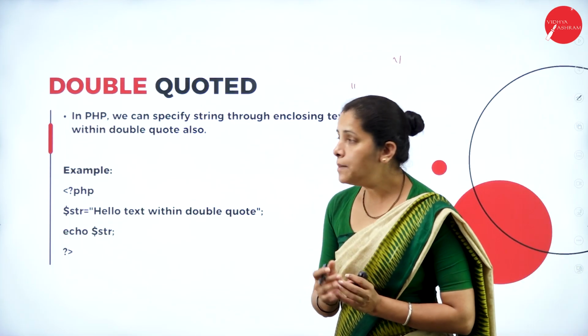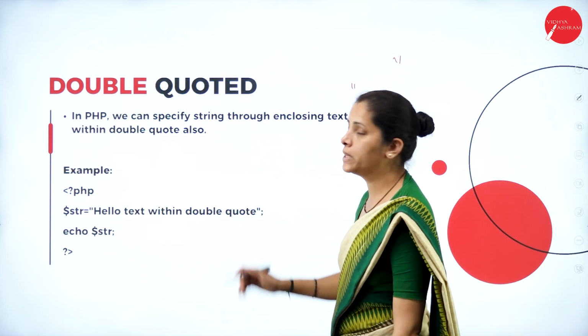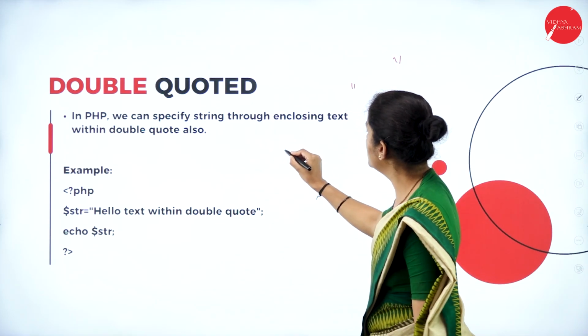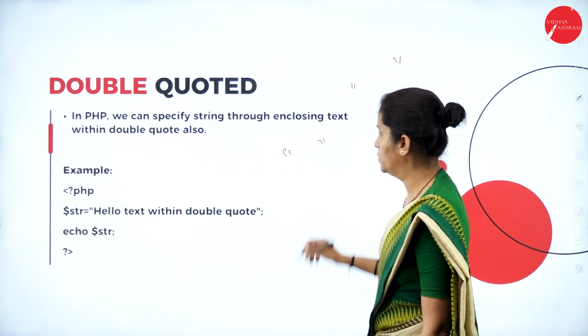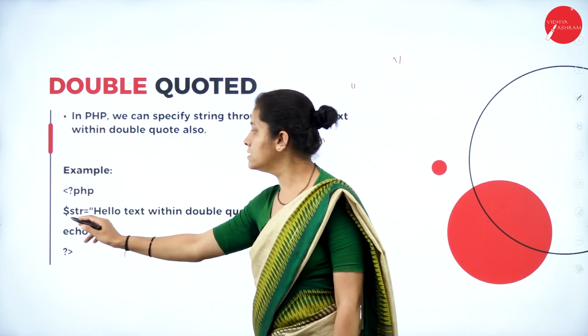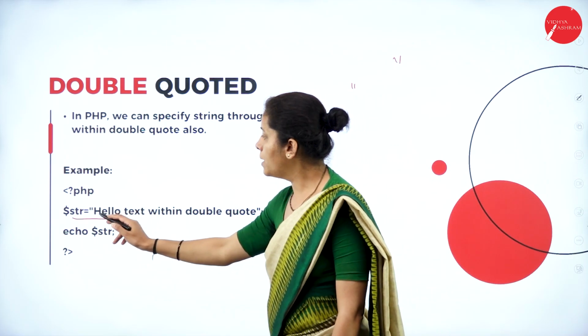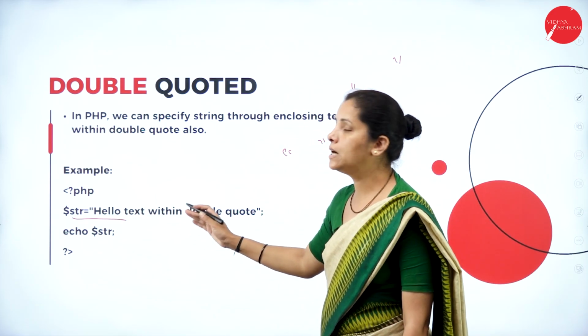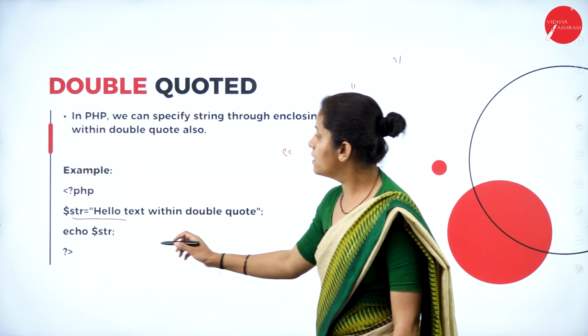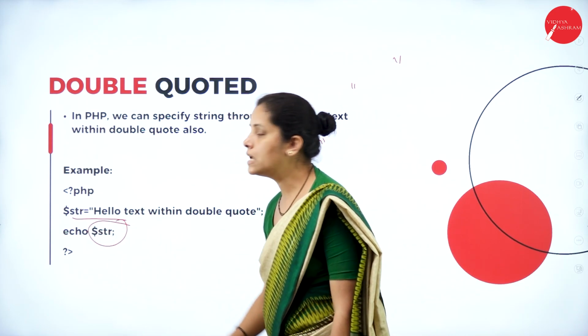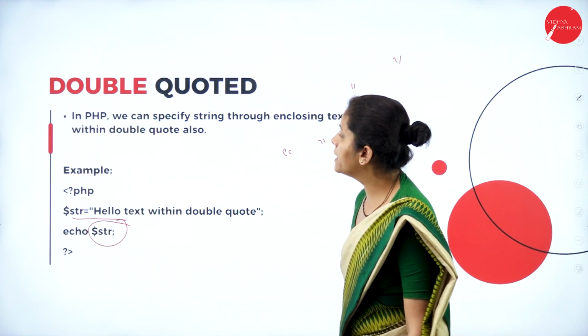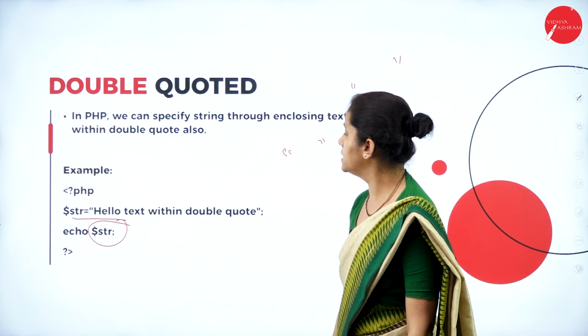We can also specify this string within the double quote. This is the double quote. See here, this is the example program. I'm writing hello text within double quote, and when I display str, I'm getting the output hello text within double quote.